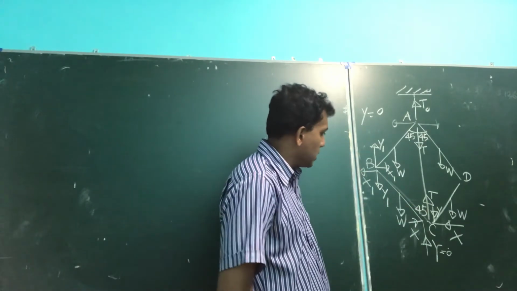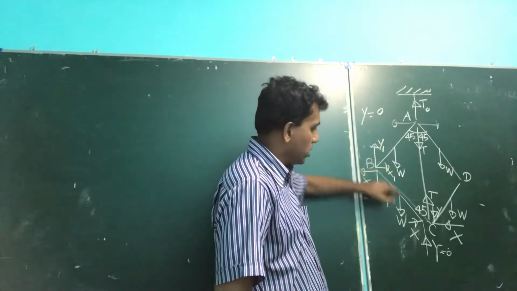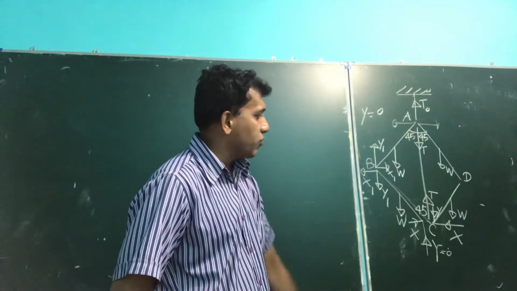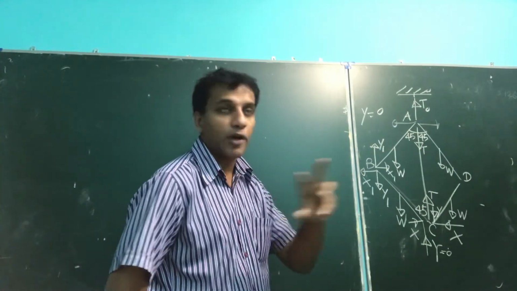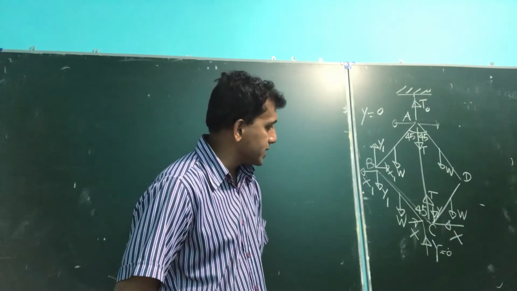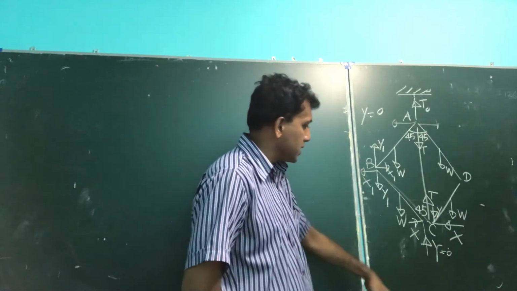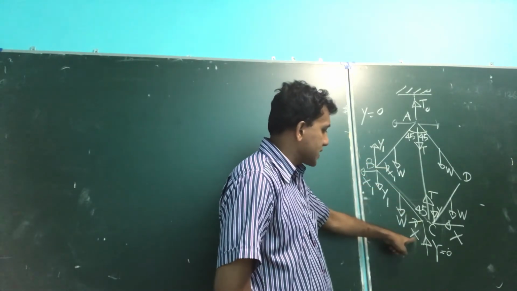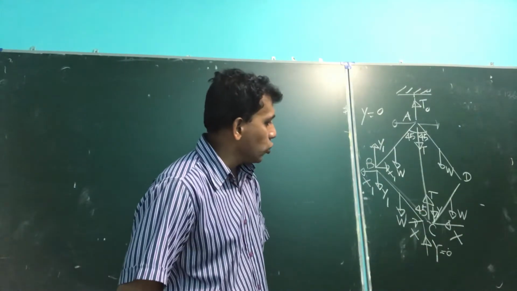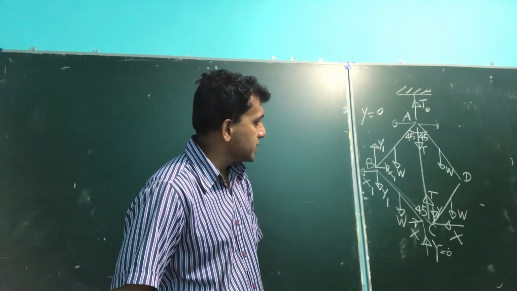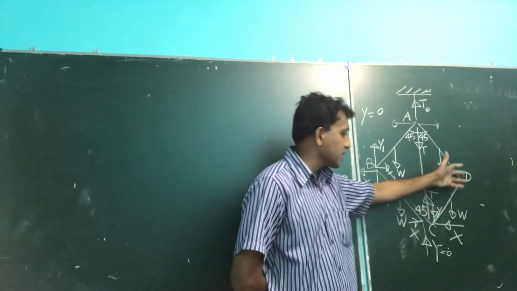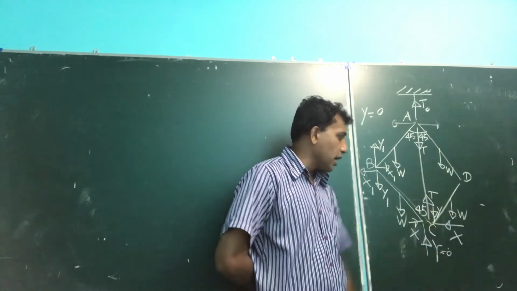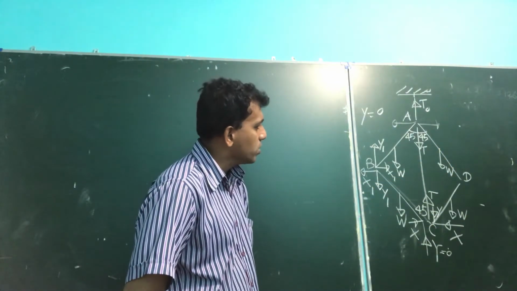Then X, W and T are available, so you can find one equation in terms of X and T. The same if you take the other side, for rod CD, moments about D, another equation in X and T. That is one method.